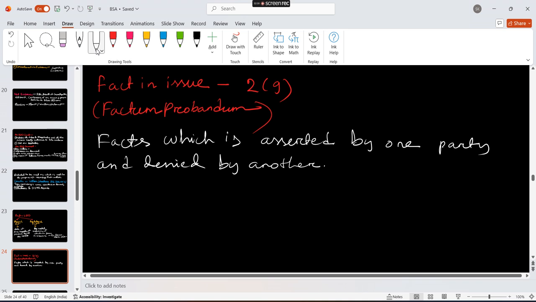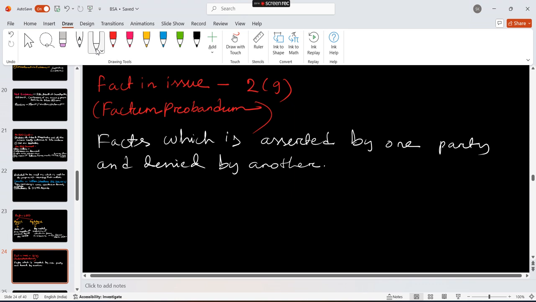So let's take an example to understand what a fact in issue is. A is an accused person and the accusation is that A murdered B. At the trial, three things need to be decided. The first is whether A caused B's death. Second, whether A intended to cause B's death, because sometimes death might be caused through other circumstances.